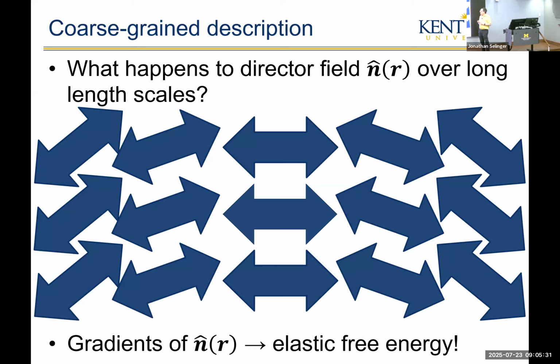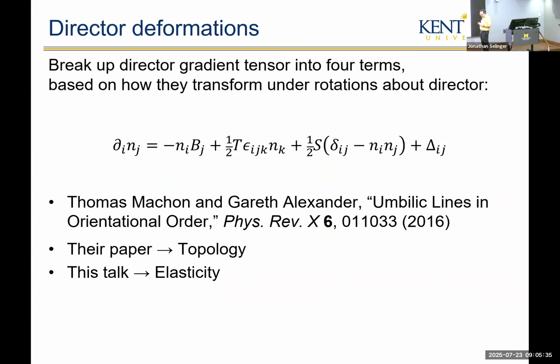There is a standard expression for that called the Oseen-Frank free energy, which is the elastic free energy of variations. But I have my own personal variation on how to do that calculation. Let me show you, because that leads into what I'm going to say about geometric frustration.